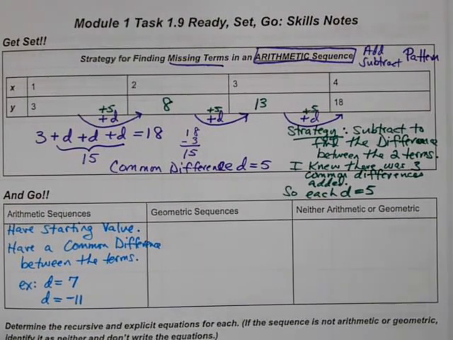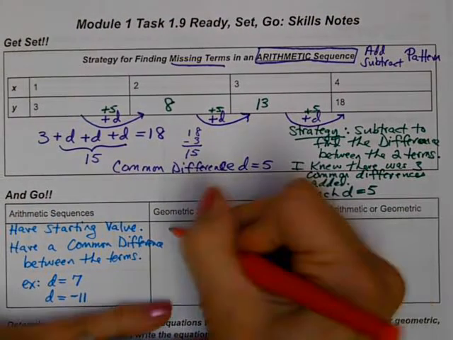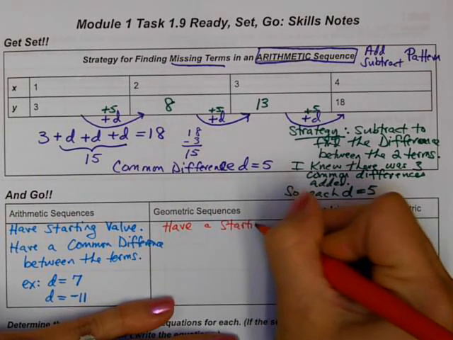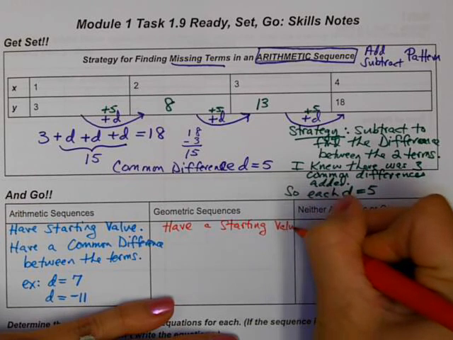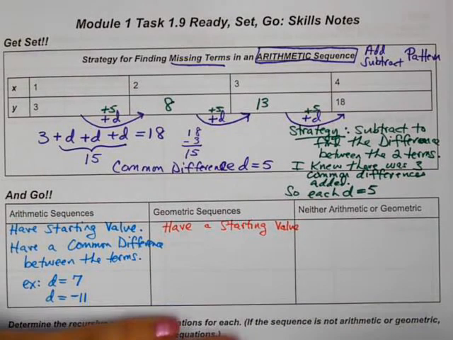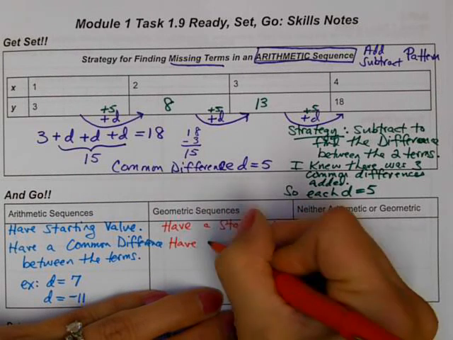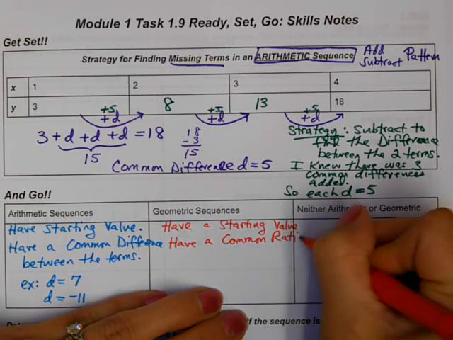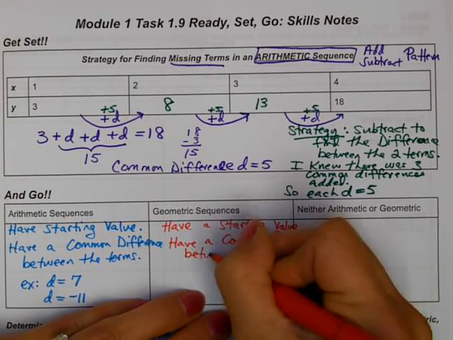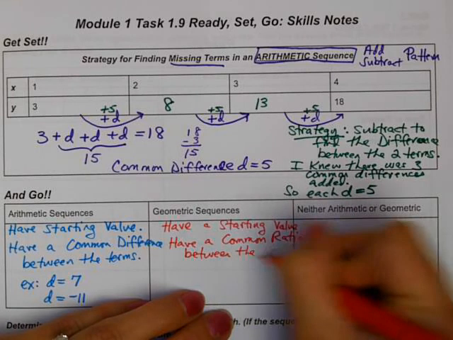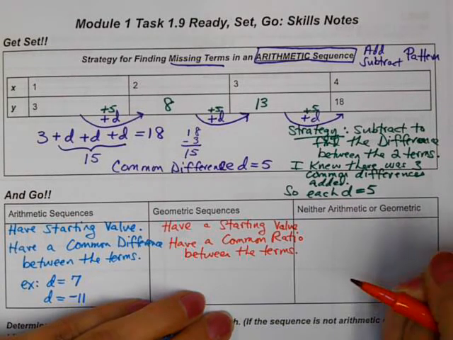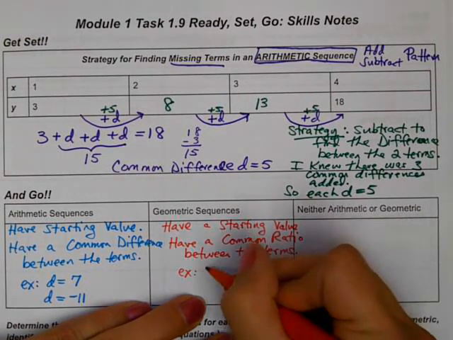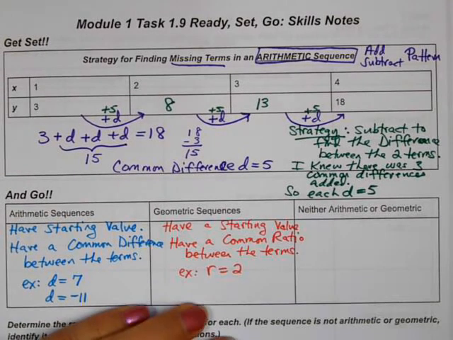What do geometric sequences have? Well, they definitely have a starting value, but they don't have a common difference. They have a common ratio between the terms, and so I'm going to call that an R. For example, if the pattern is times by 2, then R equals 2.